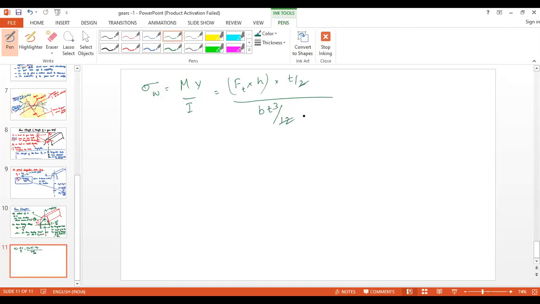So this is 6, and here t cube becomes t square. So I can write this as Ft into h, and then this 6 comes to the numerator, divided by b t square. Is it correct? Yes, sir.